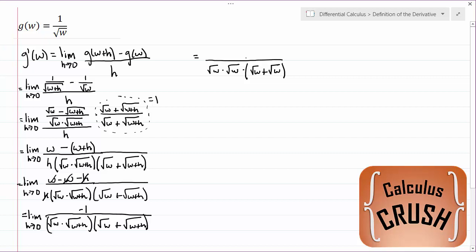And all of that is underneath minus 1. So let's simplify here. We've got the square root of w times the square root of w, which is just w, times 2. So I'll put the 2 in here, square root of w, negative 1. And this is our final answer, g prime of w.